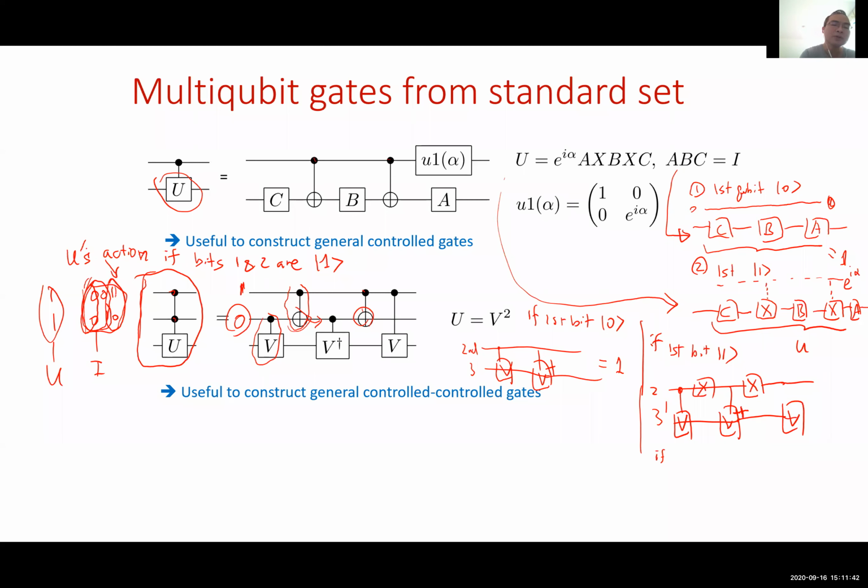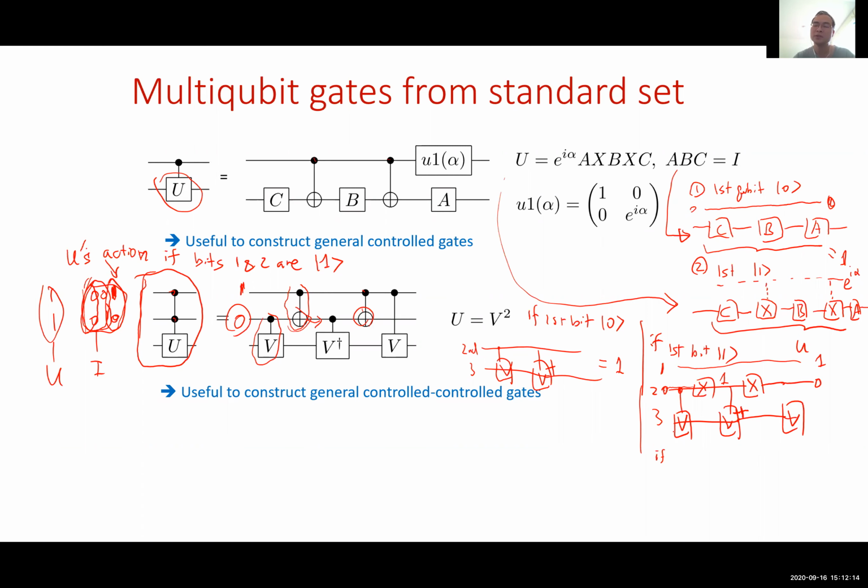This represented 1,0 is the first bit 0, second bit 0. Sorry, first bit is 1, second bit is 0. Okay. And we want to show that the action on the third bit is identity. And we also want to check 0 should return to 0. Okay. So 0 goes through this, X flipped to 1. 1 is flipped back to 0 by X. Okay. So it returned to 0.